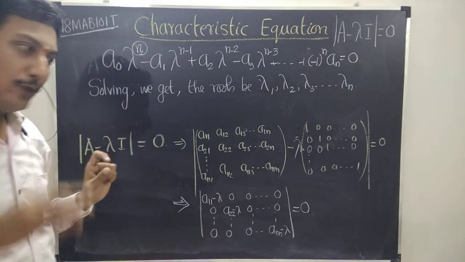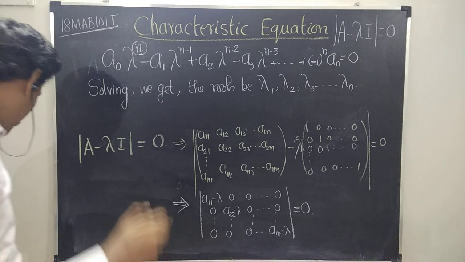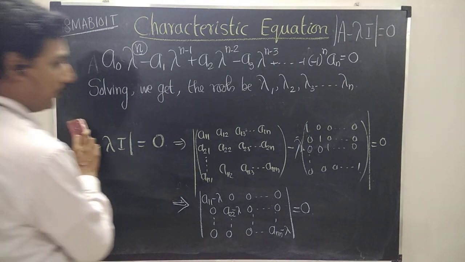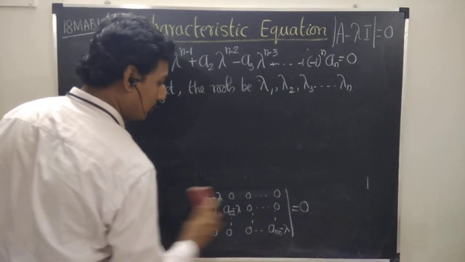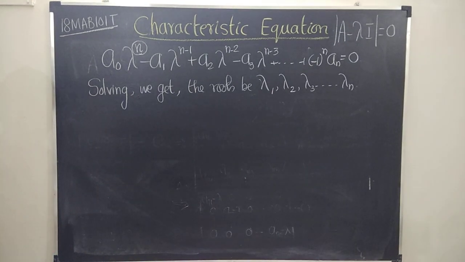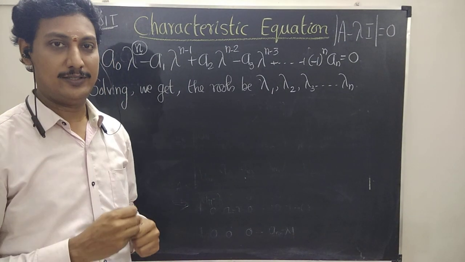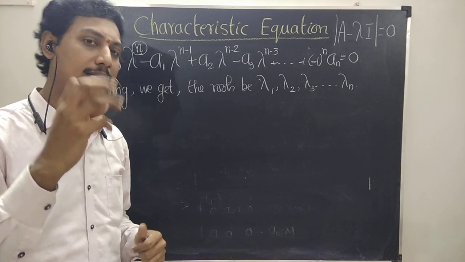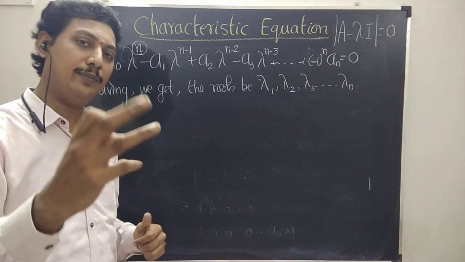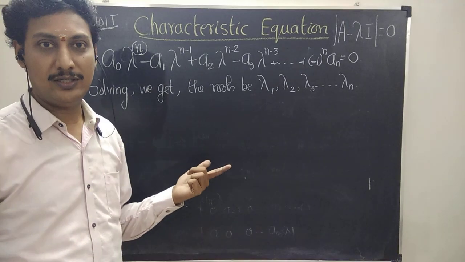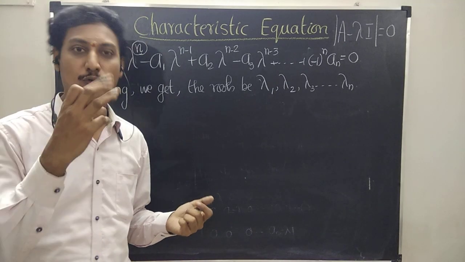Suppose the given input is a 2 by 2 matrix. Then the polynomial is of second degree, and when I solve the second degree equation, we get 2 roots.